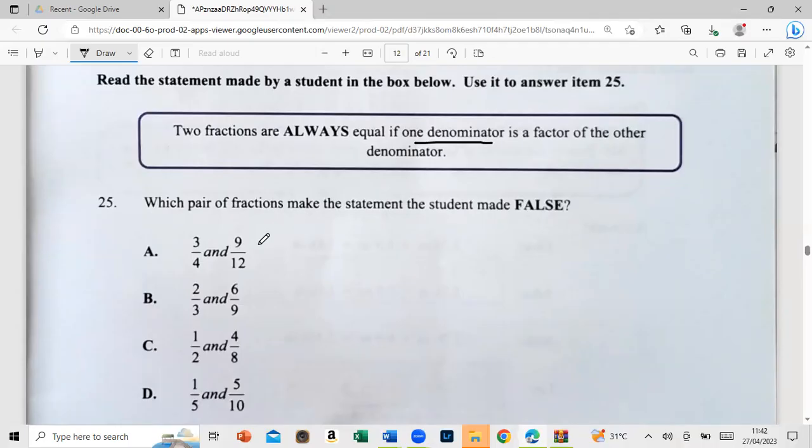This one checks out. Let's work out the 2/3. This one checked out. This one checked out. But guess what? This one doesn't check out. Because for 5/10, both are factors, right? But if you break it down, it would be 1/5 and a half. So that's not equal. So that is false. Alright, let's move on to 26.